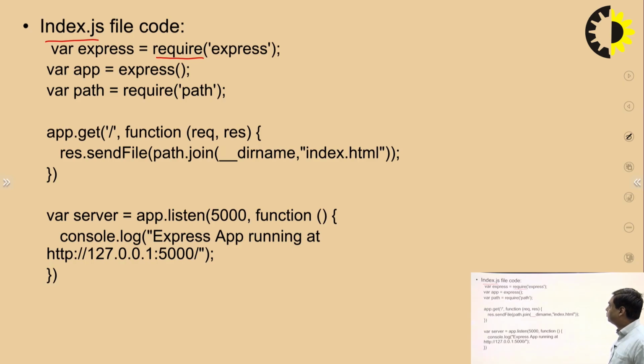We use require to import this Express framework, and an instance will be created here. Then we are creating an application object. You can give it any other name. So on the basis of this Express framework, we are creating an object with which we will work in our program.